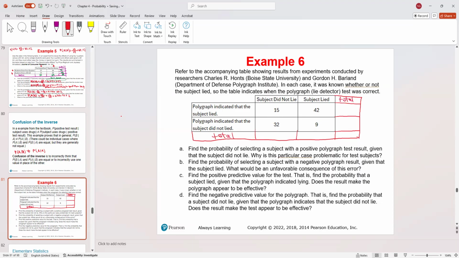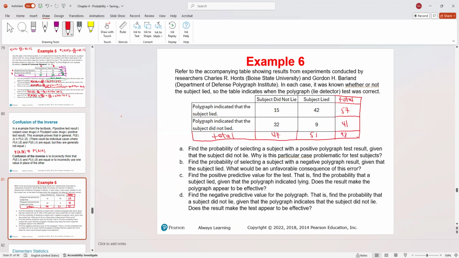Now, in this case, when you add 15 to 42, it gives you 57. 32 plus 9 gives you 41. 15 plus 32, 47. 42 plus 9, 51. Now, whether you add row totals or column totals, the answer must be the same, 98.